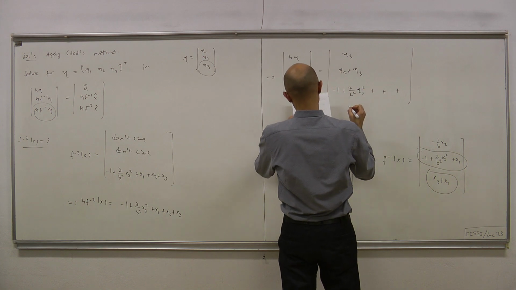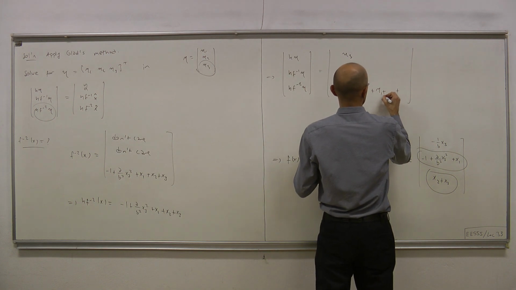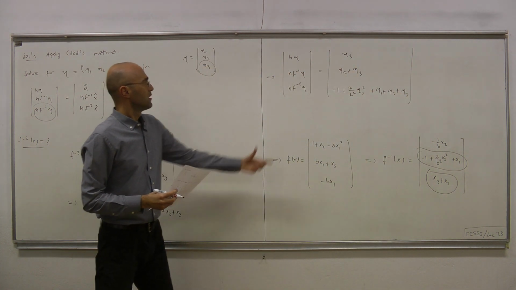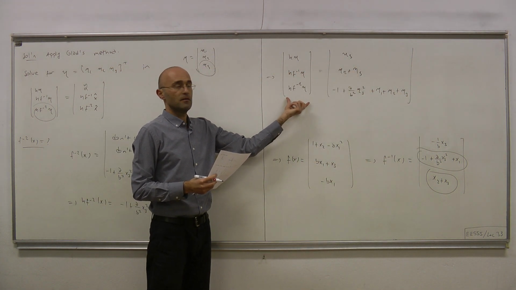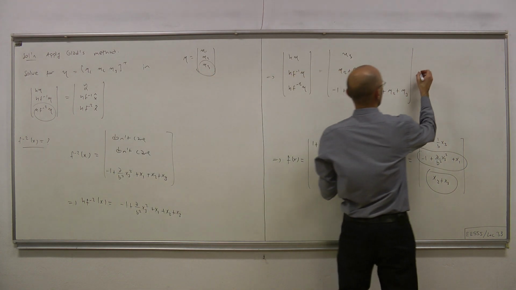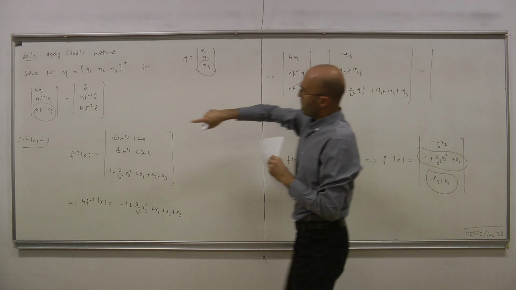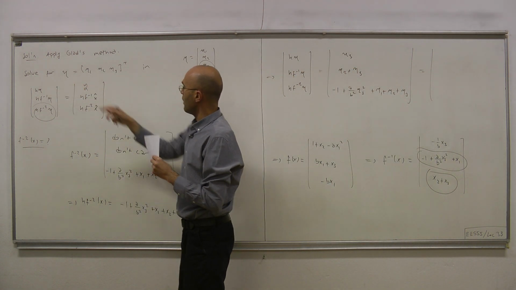Eta 3, eta 1, eta 2, eta 3. Okay, so that's this vector, and then we want to solve this by equating that to... Okay, the first entry equals y.